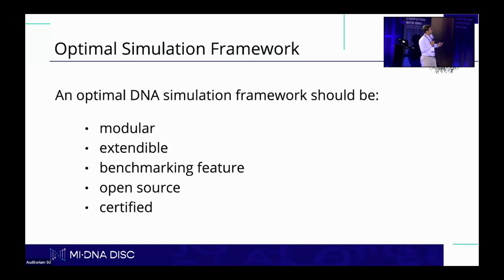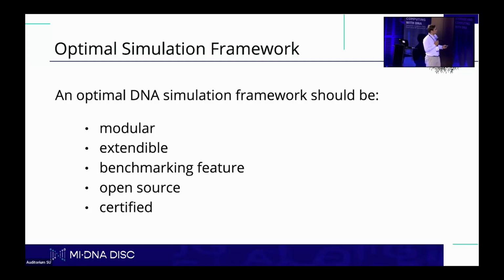It should include a benchmarking feature which allows you to compare a certain encoding strategy with others for a predefined use case, and this should be simple to do. We believe it should be open source because the scientific community should be invited to participate, and this should be collaborative work.